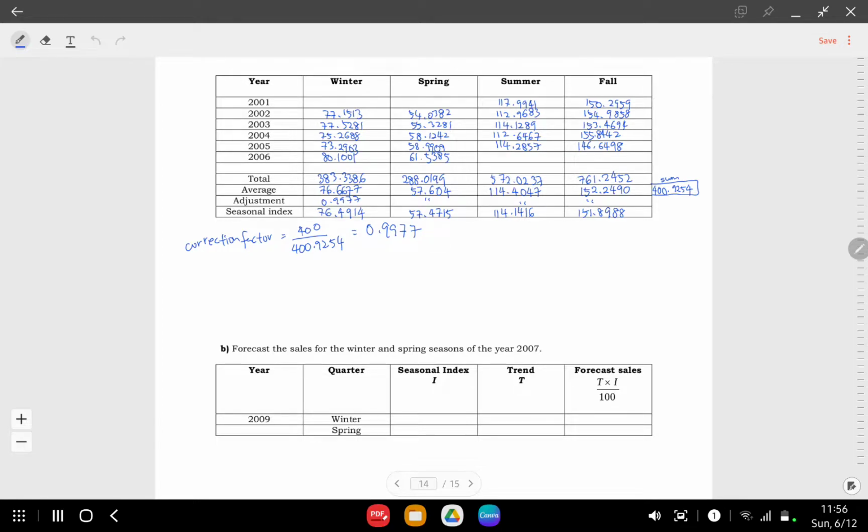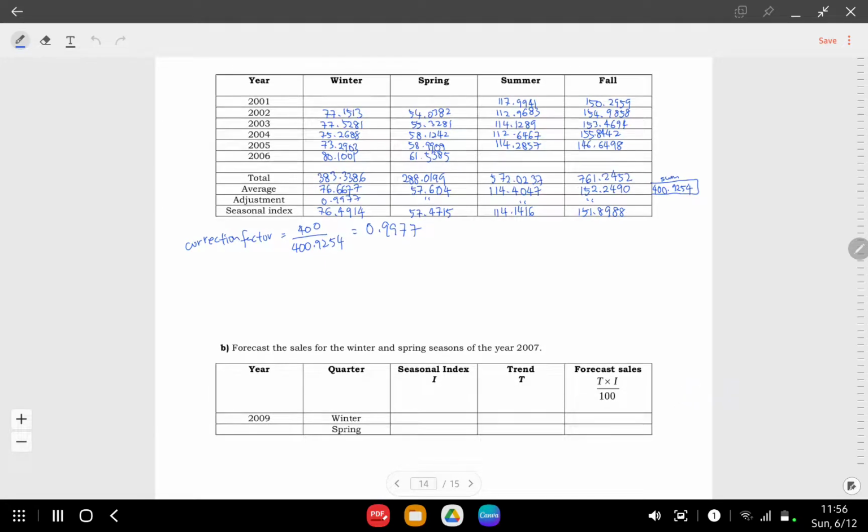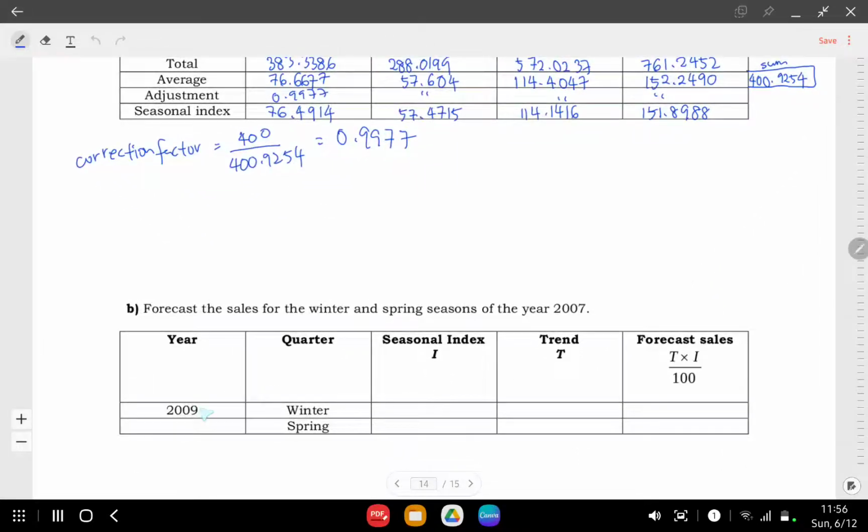And next, we move on to question B. We need to forecast the sales for the winter and spring seasons of the year 2007. So in winter and spring, what are the seasonal index and the trend? The formula for forecast sales is T times the seasonal index, SI, divided by 100.